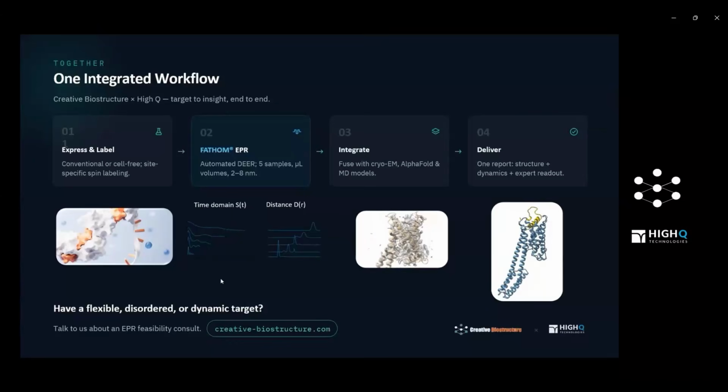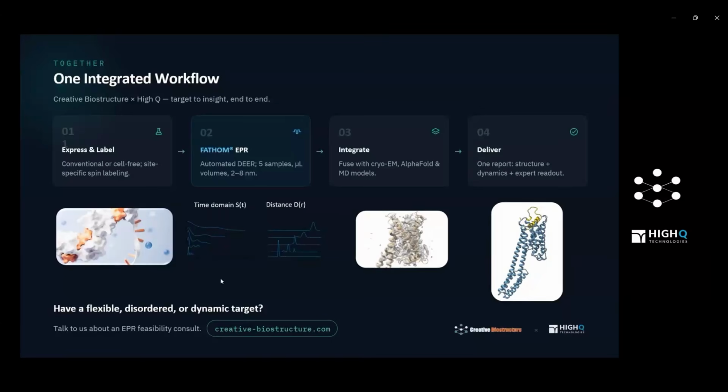And then the FATHOM EPR measurement: the automated instrument requires only microliters of volume, and has very fast measurement compared to conventional EPR. And then we, as a company, integrate those distance measurements with the cryo-EM density or AlphaFold models, and then MD trajectories, as we already run them in-house.